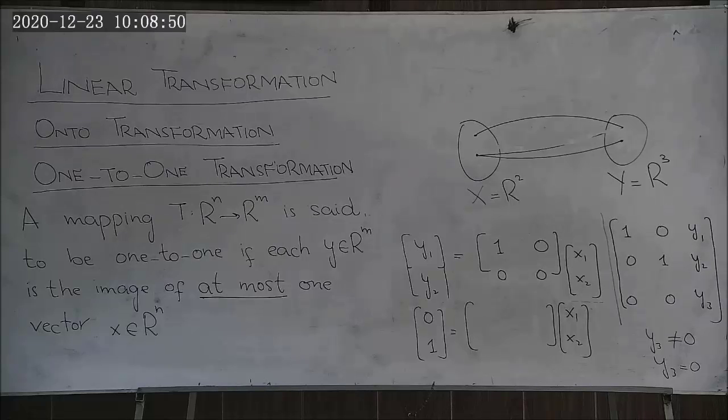So this transformation is not onto. Is it one-to-one or not? If a solution exists, that will always be unique. Either no solution exists, or if it exists, then it is unique. So this transformation is a one-to-one transformation.